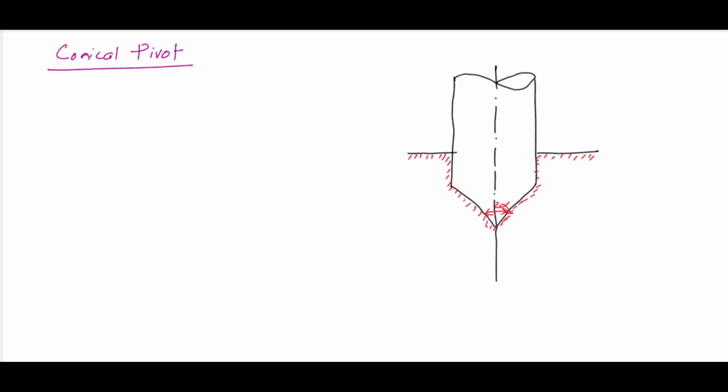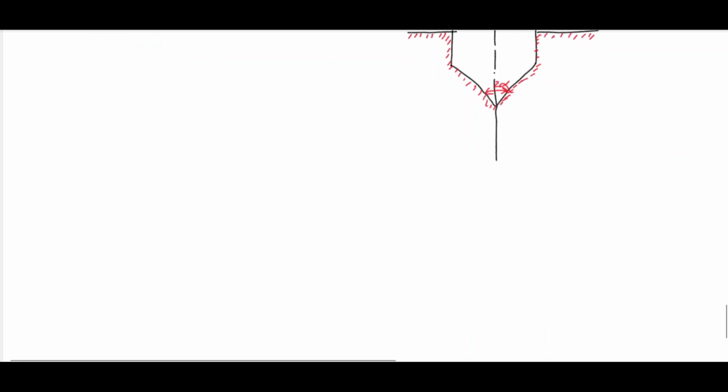Okay, now we'll draw the top view. Let's say this is the top view, a circle. Okay, and we'll choose one element here, ring element.